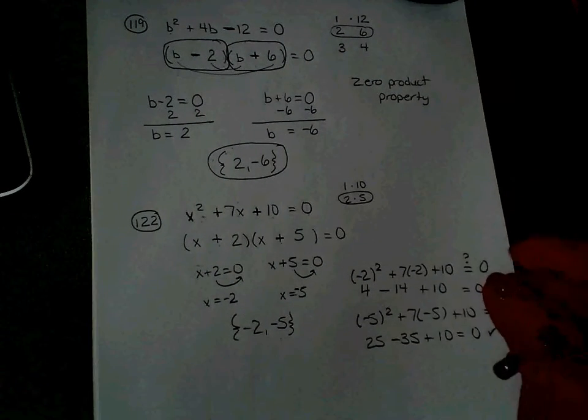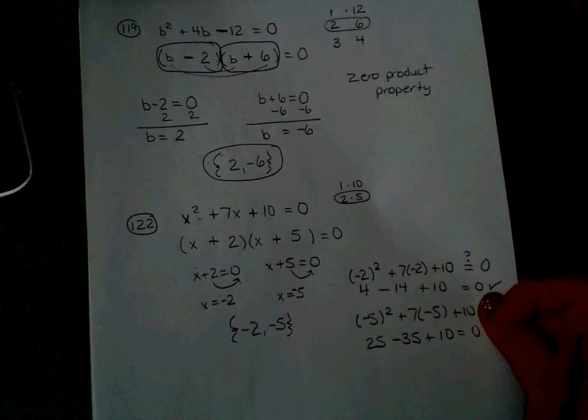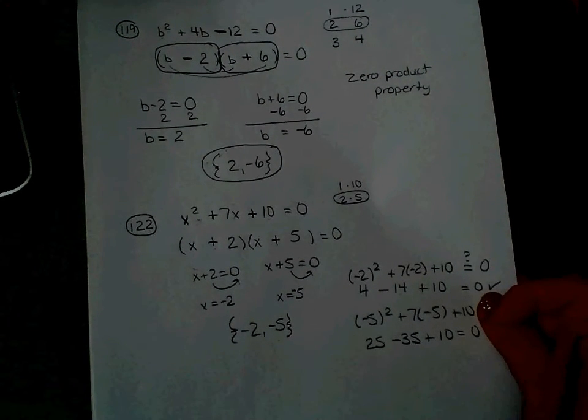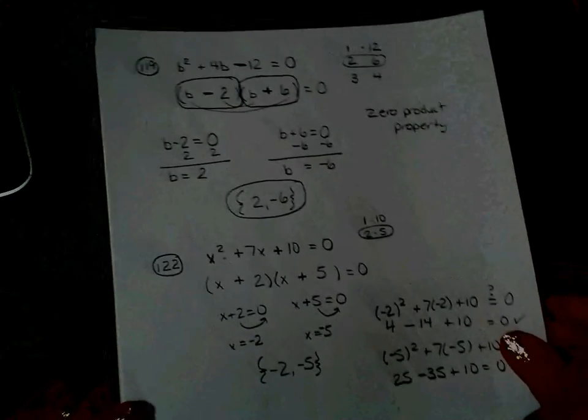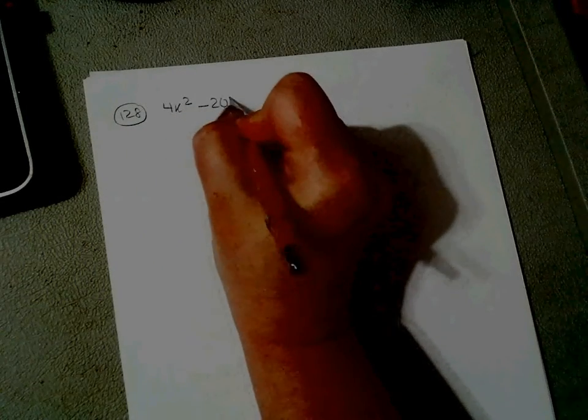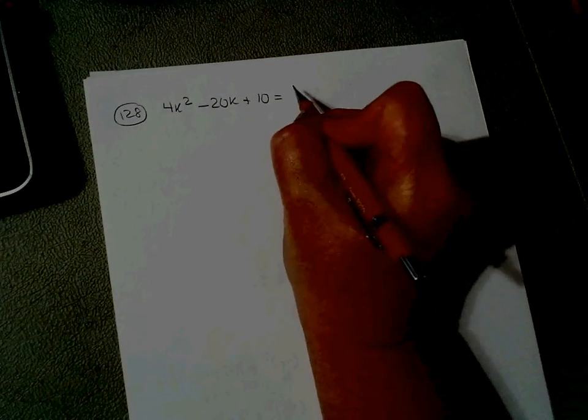Okay. Now I want to do one where it's not equal to 0, where we've got a little bit more work to do. So look with me at problem 128. So the problem is 4k squared minus 20k plus 10 equals negative 6.